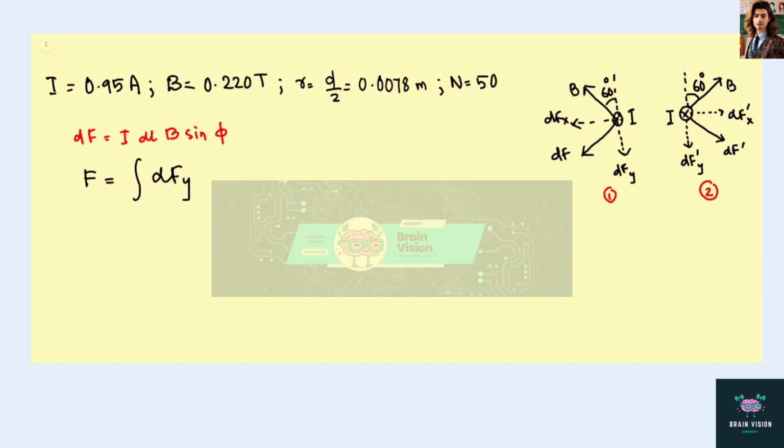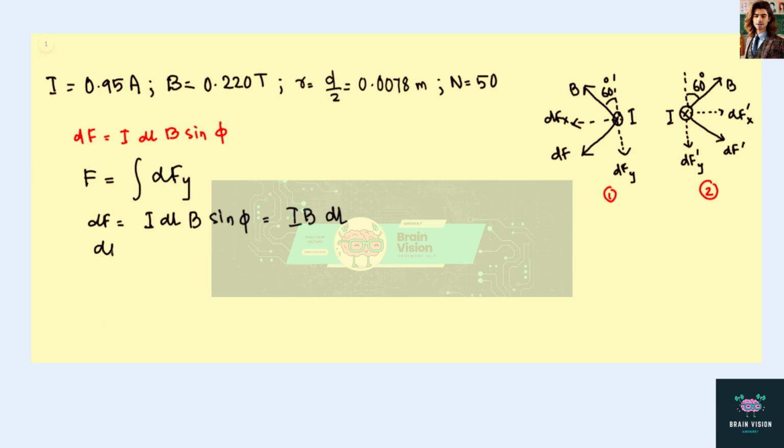Now let's calculate that. dF, which is the force for, let's say, short segment one, is equal to I dL B sin φ, as I wrote here, and φ is 90 degrees because current and magnetic field are perpendicular. So this is just equal to I B dL.